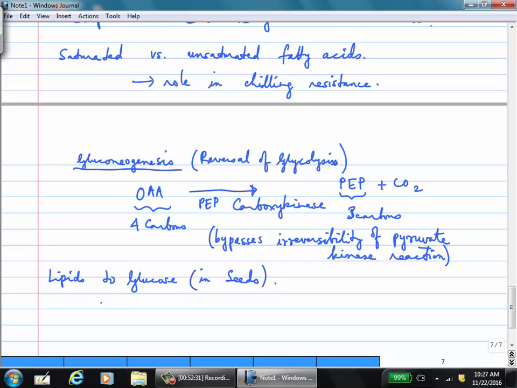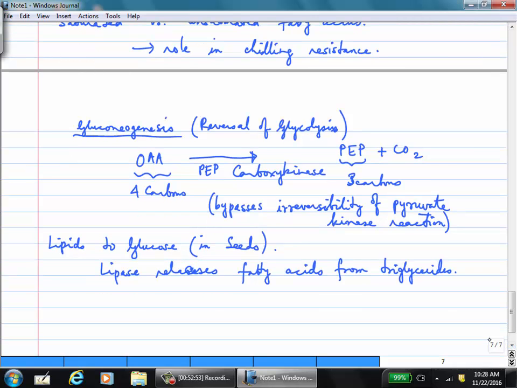And the first step is that if it's a lipid, it's a triglyceride. So some lipase is going to release those 3 fatty acids from triglycerides. Then after that, you have the beta oxidation of fatty acids.